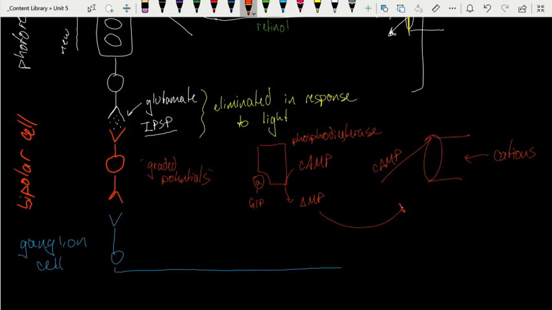This allows the bipolar cell to release a little bit or release a lot depending on how much inhibition it's receiving, a lot of neurotransmitter, and this happens to also be glutamate, onto the ganglion cell. Now, this is key to understand.